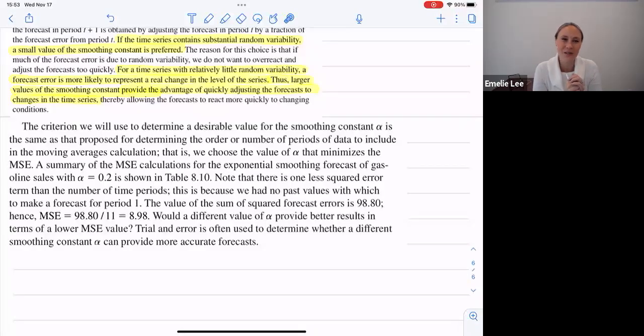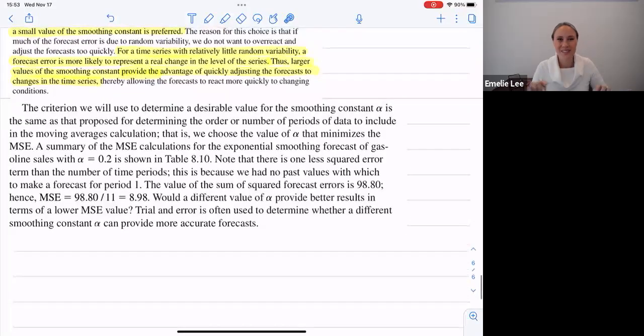You can imagine, not too long ago when we didn't have computers, how much work went into finding these models. Now we don't have to do that. We can just type our code in. Okay, good.